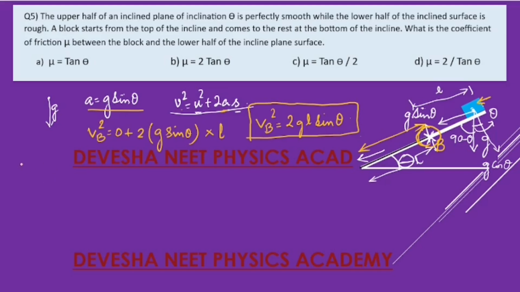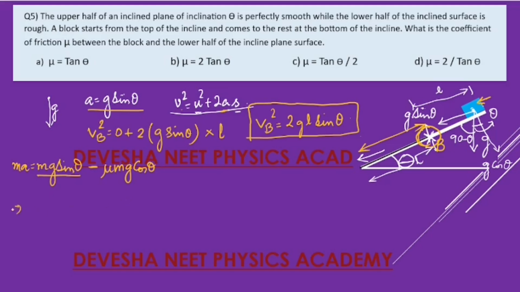From the previous problem you have noticed that when it falls on an incline, ma is equal to mg sine theta if the friction is not there. But if there is a friction, then it is actually mg sine theta minus mu mg cos theta.